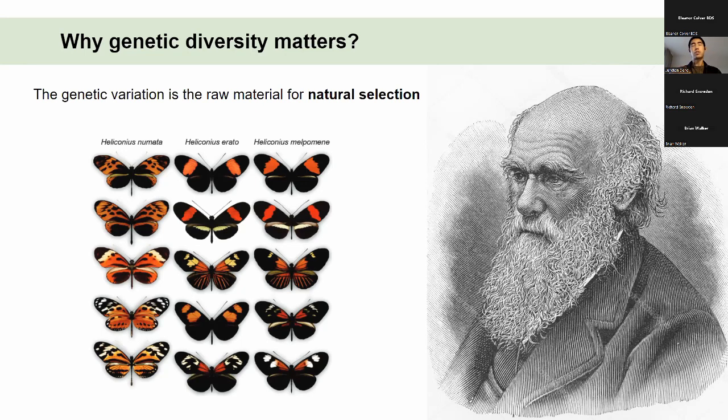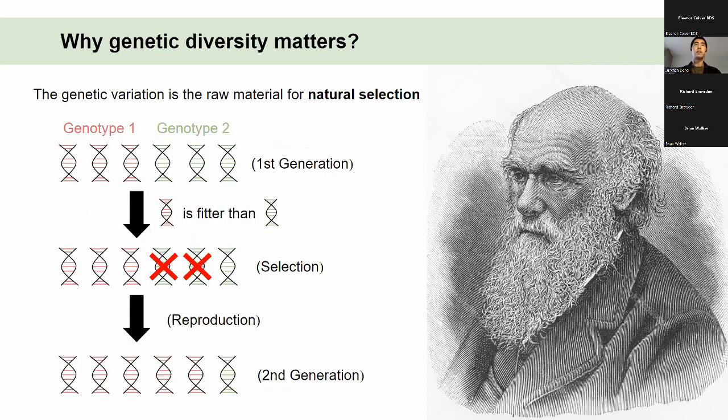And natural selection actually describes the change of frequency of genotypes in a population under different environments. So we can imagine that there are two genotypes in a population, genotype 1 and genotype 2. If genotype 1 is fitter than genotype 2, then the selection will favor genotype 1.